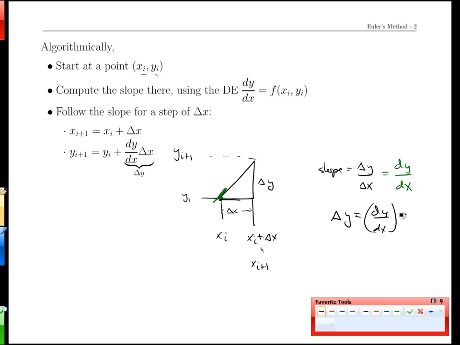All we're doing is bringing that delta x up and multiplying. So this is the slope from the differential equation, and this is the change in y that we get from before. And so y_(i+1) is y_i plus delta y, or y_i plus this dy dx times delta x.